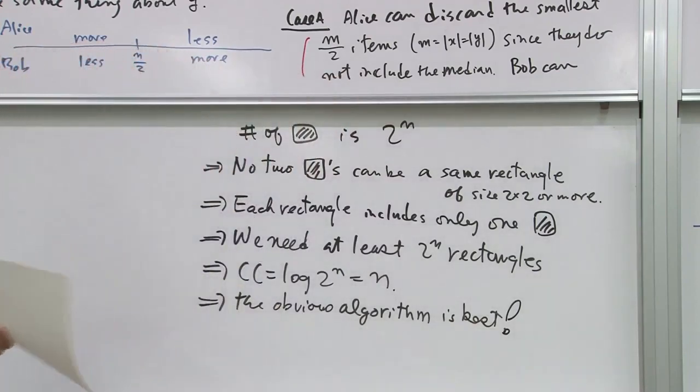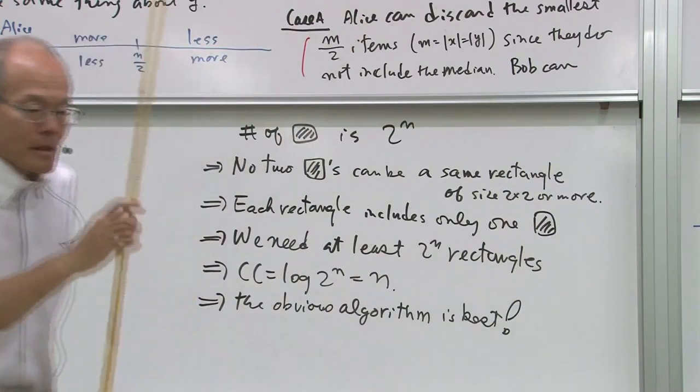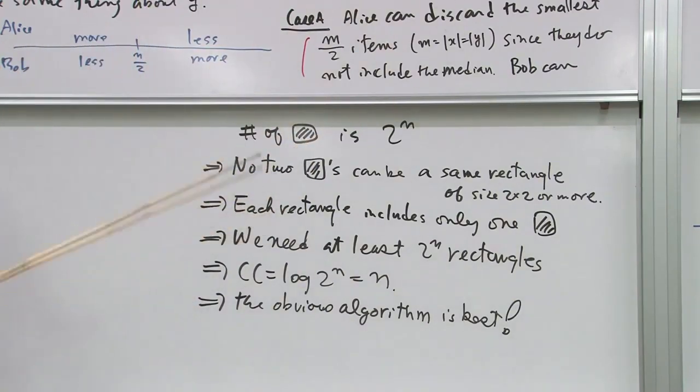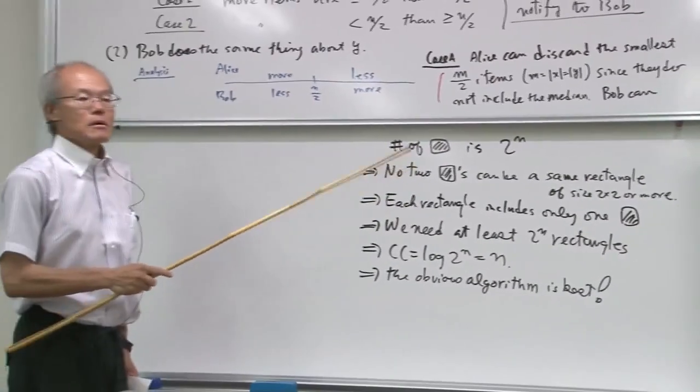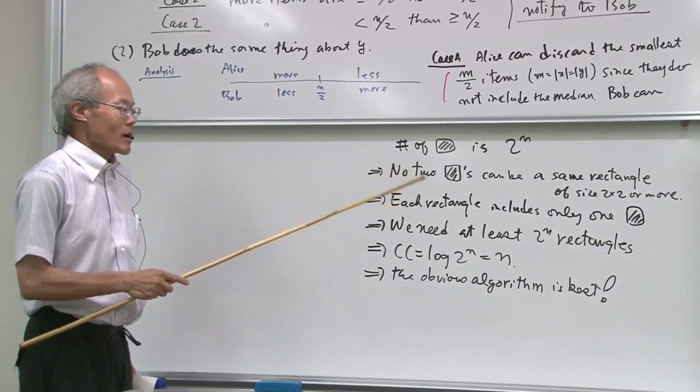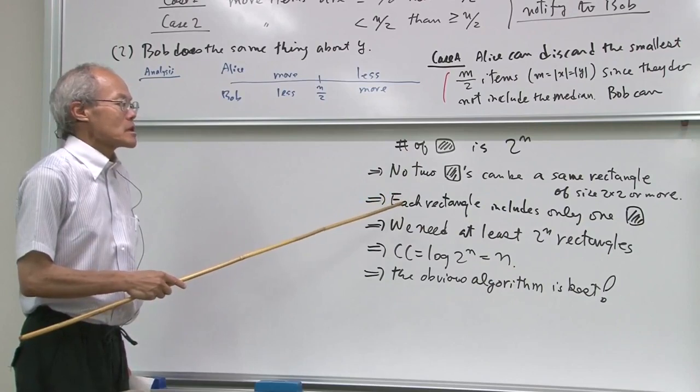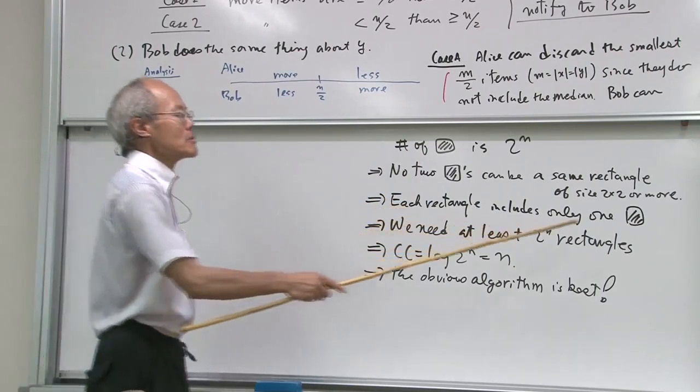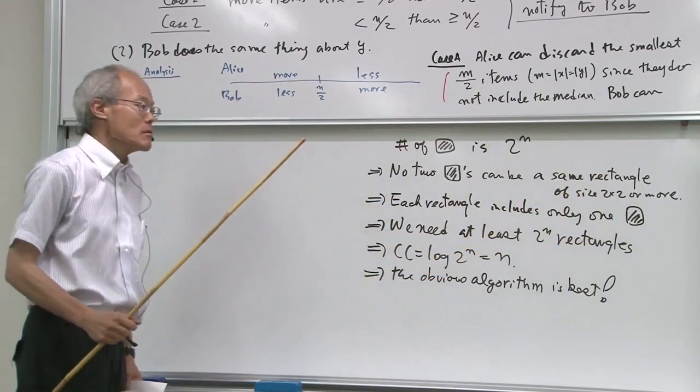Okay. Now we are done. No two cells can be in the same rectangle of size 2 or more. That means each rectangle includes only one of these special cells.